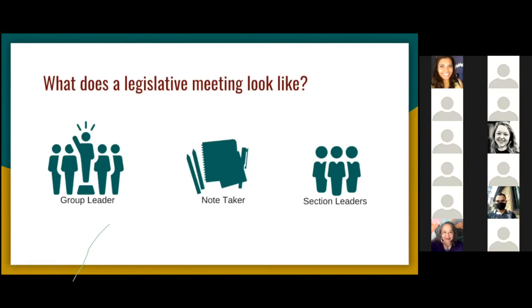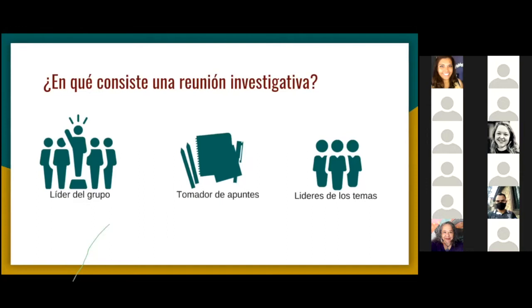The group leader will also follow up with the office of the legislator after the meeting. We have the note taker. The note taker takes notes of the meeting, flags moments where additional information is needed to follow up afterwards, including stories, reports, contact information, and other identified items.